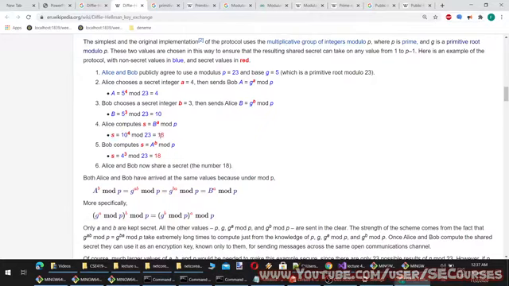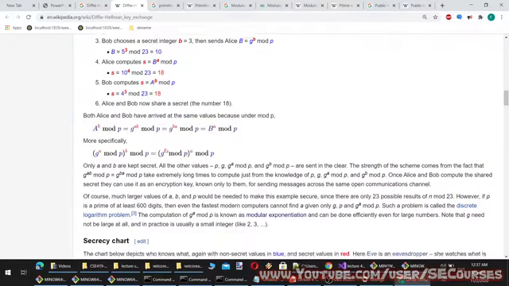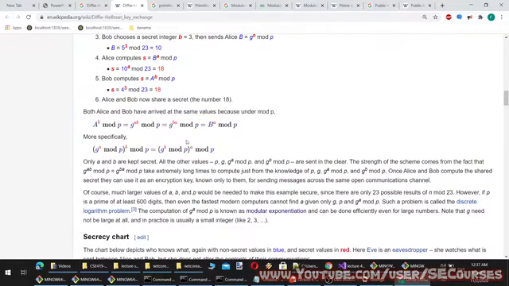So you see, they have calculated the same key, and now they share the secret key 18. Alice and Bob have arrived at the same values because of mod P. You see, this is the methodology. If you think about that, this is a great algorithm.